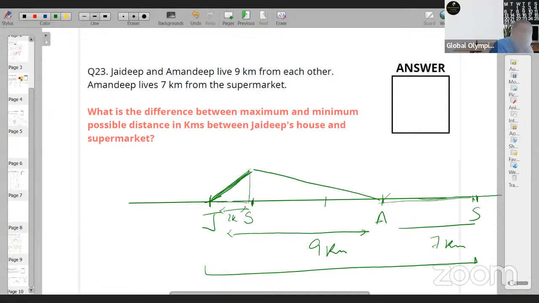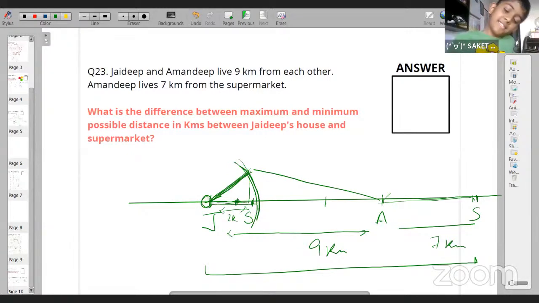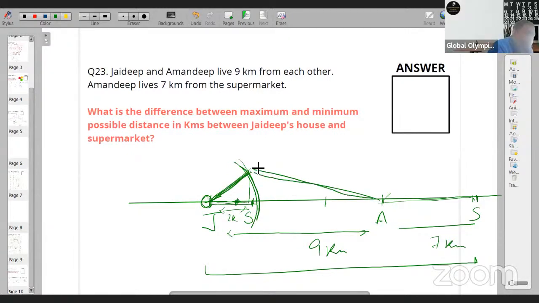Because if I drop a perpendicular from here, just imagine this is the center of a circle and I'm moving this with a radius of 7.